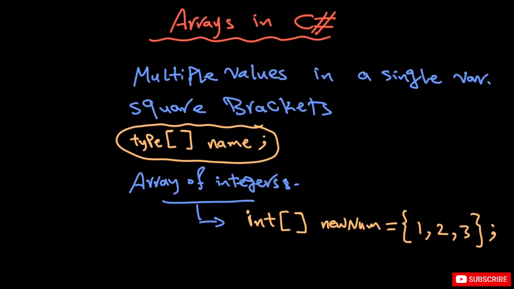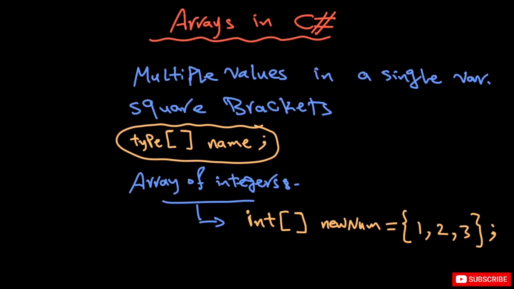You can place 4, 5, 6, 7 and so on. If you want to create an array of strings, just place the string keyword, followed by these square braces, followed by the variable name and also a single equal sign, and put the string values or the string items in that array in between curly braces also.